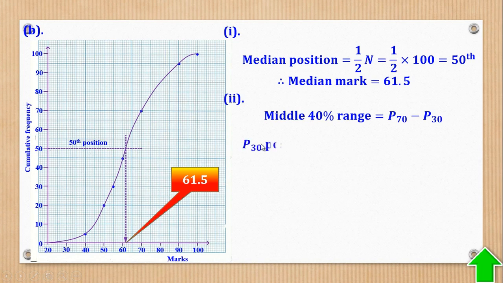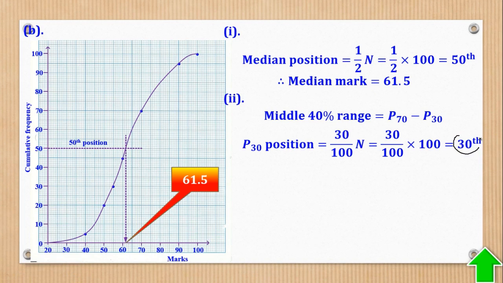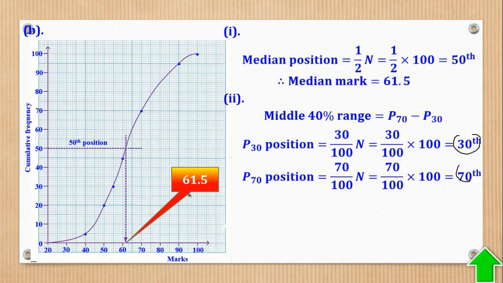So we need to get those positions of the 30th percentile and the 70th percentile. For the 30th percentile, it is 30. So we have to look for 30. And also for the 70th percentile, it is 70. So look for 30 here, take a horizontal line to meet the curve, then drop a vertical line to meet the horizontal axis.